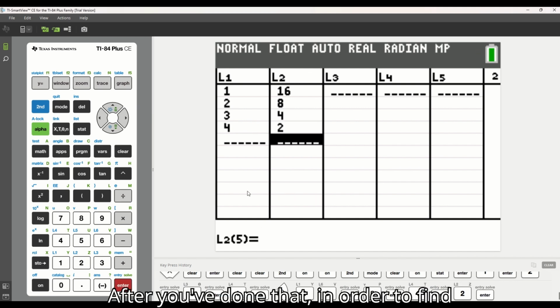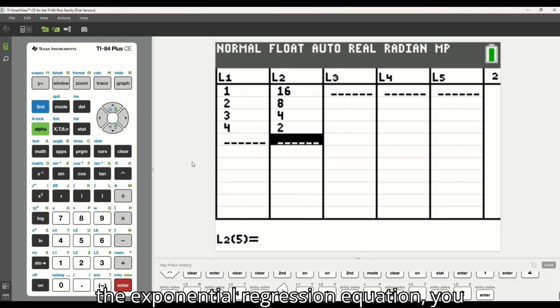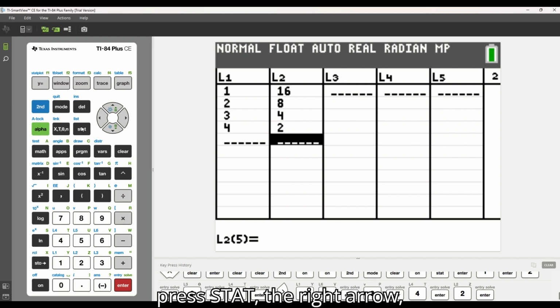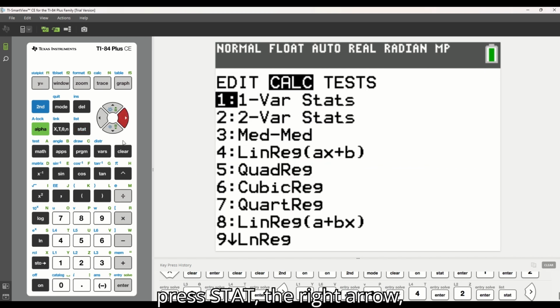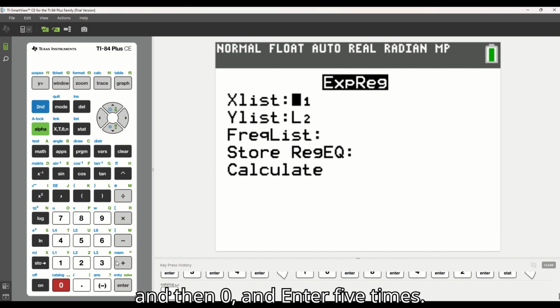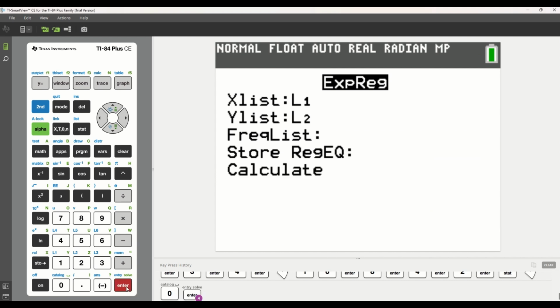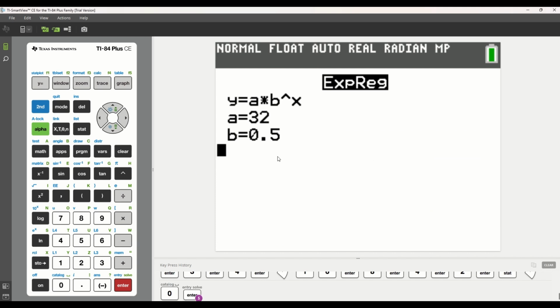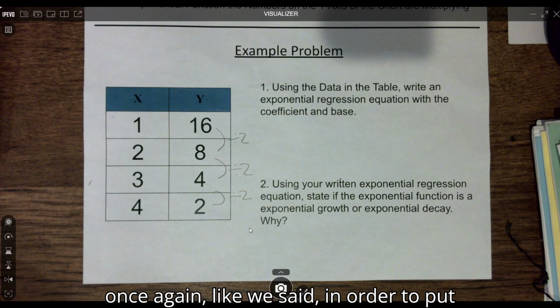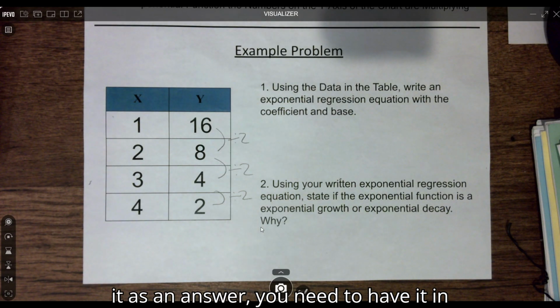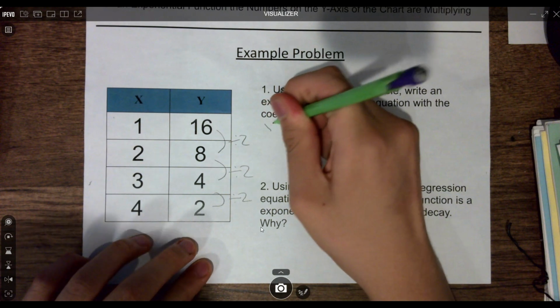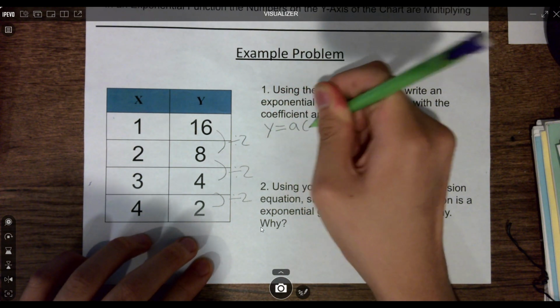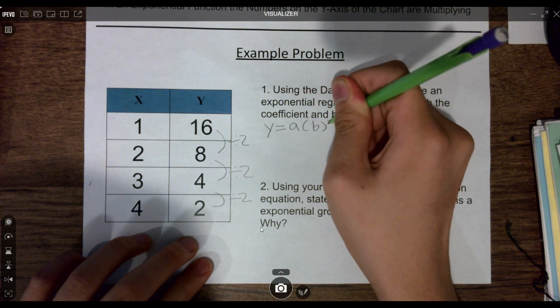After you've done that, in order to find the exponential regression equation, you press stat, the right arrow, and then 0, and enter 5 times. And so here you have your exponential regression. So, once again, like we said, in order to put it as an answer, you need to have it in the format y equals a(b)^x.